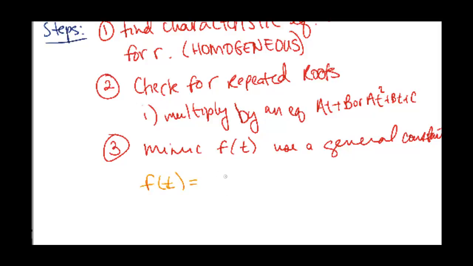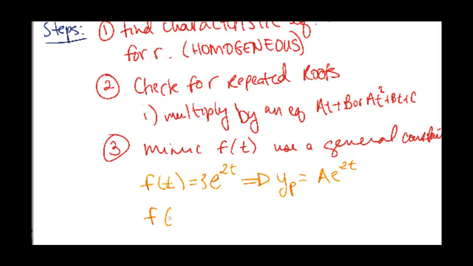was equal to, excuse me, I just went outside and I think some pollen or something is irritating my nose. So if f(t) equals 3e to the 2t, your proposed particular solution should be A e to the 2t, sorry, not bt.